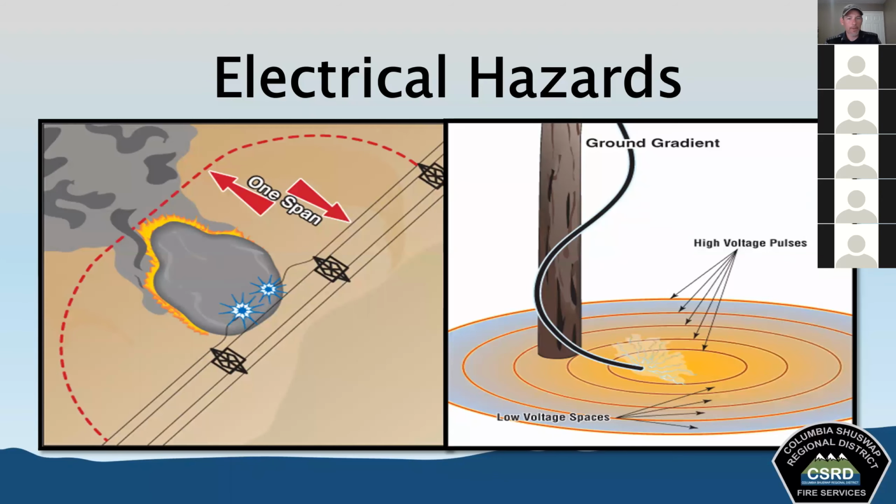So when we're dealing with an electrical emergency, we want to establish some kind of exclusionary zone, and that's again equal to the distance between power poles in all directions. So you see here, they did one span between the poles, but then there's basically one span from the poles out from where those wires are down. That's where we want to have that exclusionary zone, right?